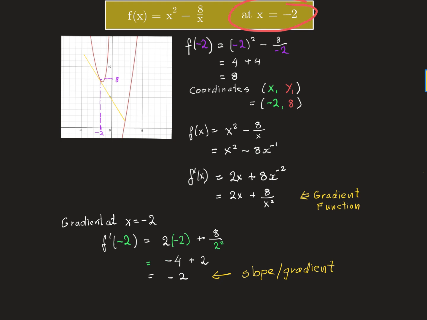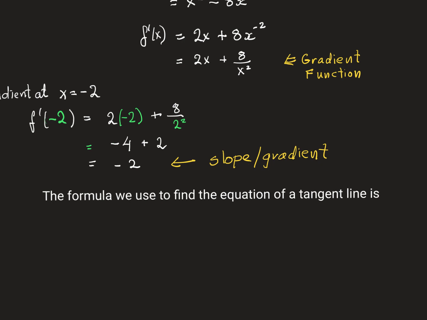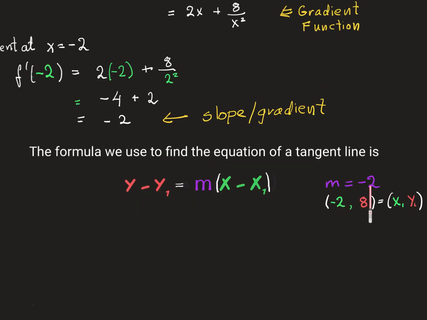So now we're ready to find the equation of the tangent. And the formula we use to find the equation of the tangent, since we know the gradient and the coordinates, where m is equal to -2, and x1 is equal to -2, and y1 is equal to 8, we can now substitute it into this equation.